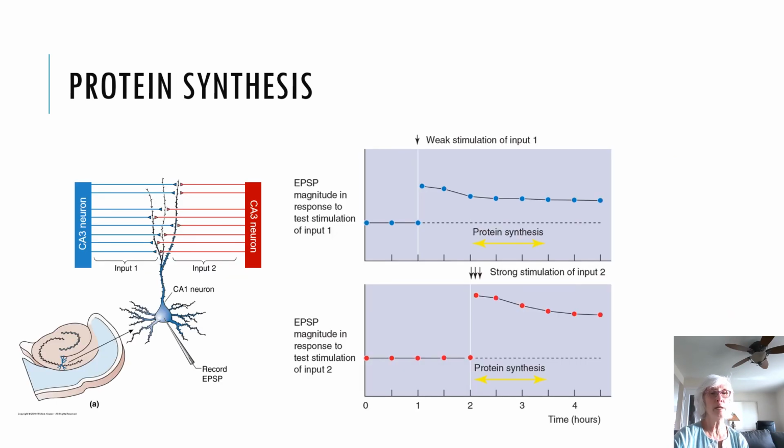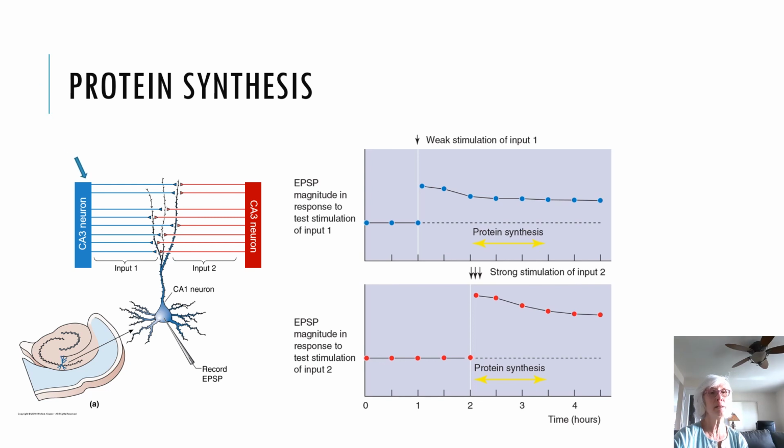In this slide, we're looking at the same sort of setup that we've seen a couple of times before, where we've got some CA3 neurons connecting to CA1, and we're measuring the strength or the magnitude of the EPSP in the CA1 cell as a result of stimulation of the CA3 cell.